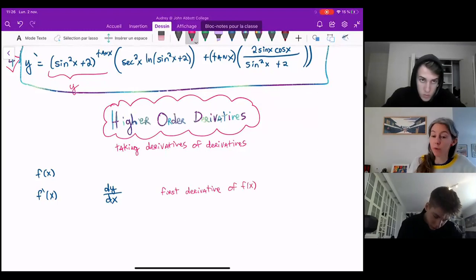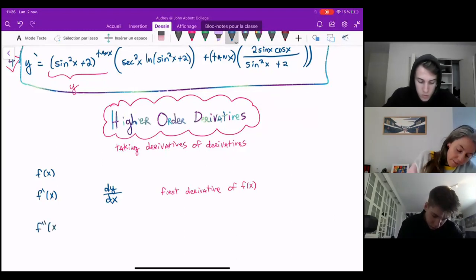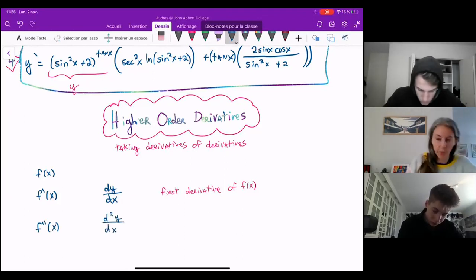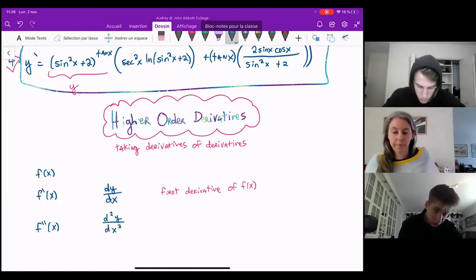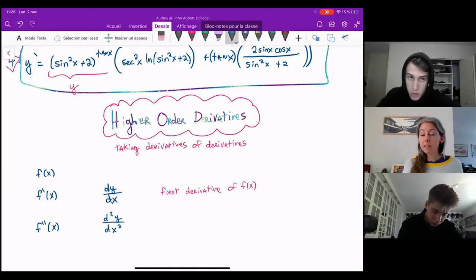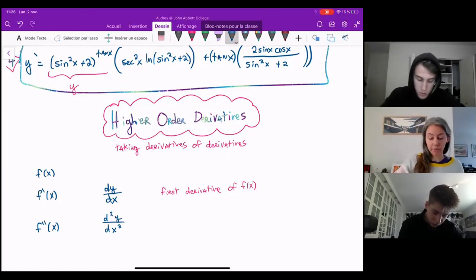If I take the derivative of that derivative, then what I end up with is f double prime of x, where we just write 2 primes. Over here, I write d2y dx2. So I put a little 2 between the d and the y, and then a 2 after the x. And this is my second derivative of f of x.